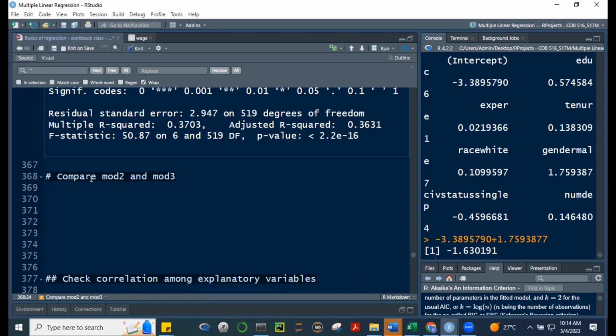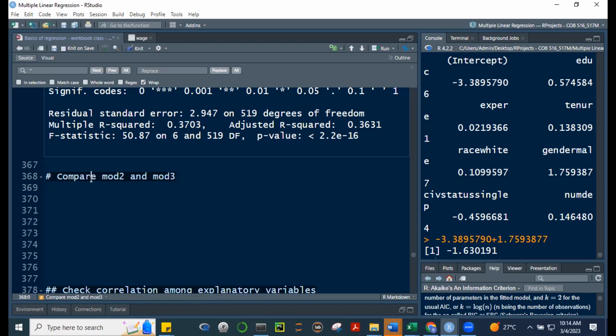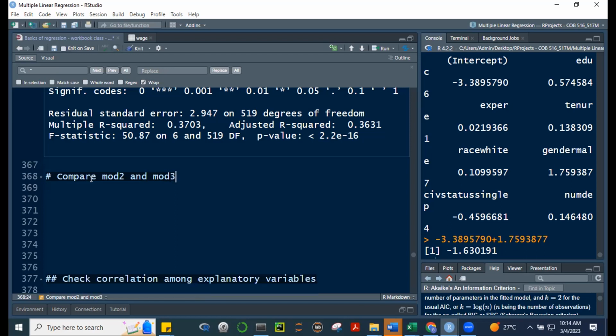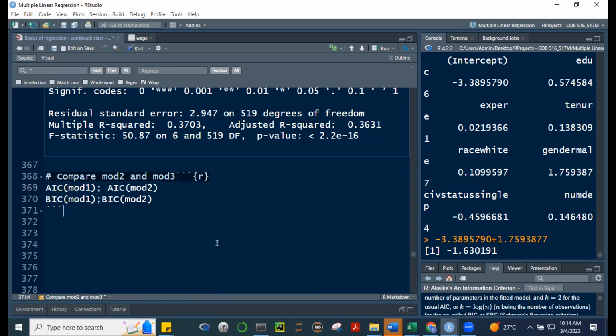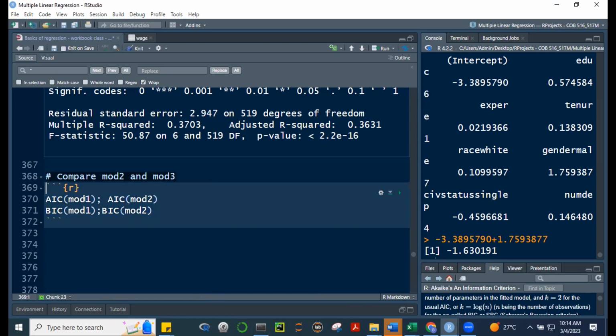Okay, we're now comparing model 2 and model 3, right? Okay, so I'll replace this by model 2 and model 3. Model 2.